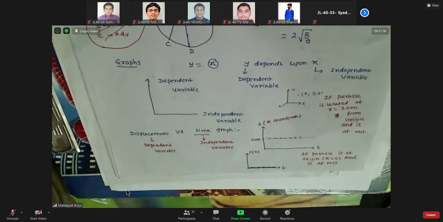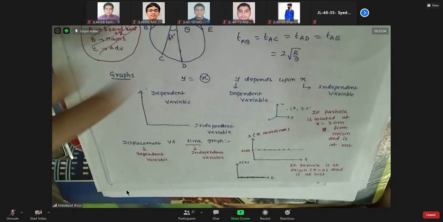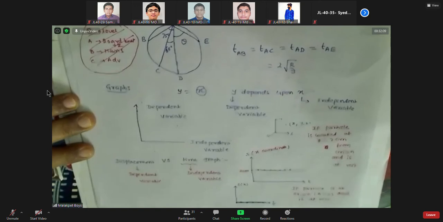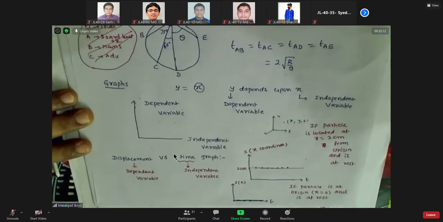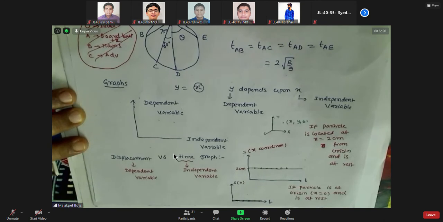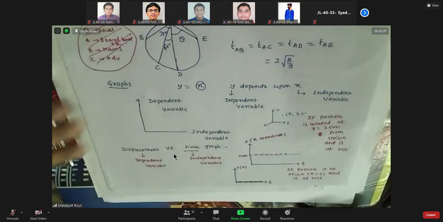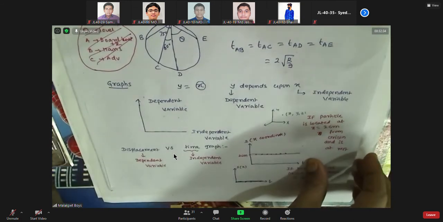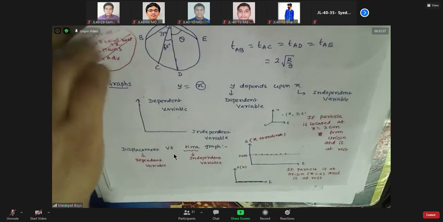Sir, can you please move the page a little bit downward? This one you completed, no? Yes, sir. Just need to check. Completed, sir. Finished. Completed. Yes, sir.